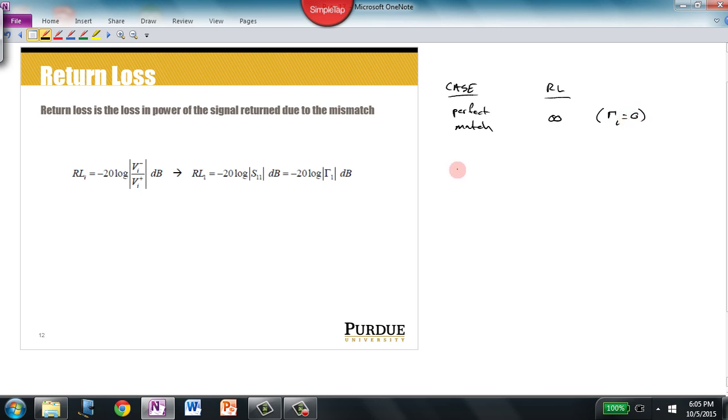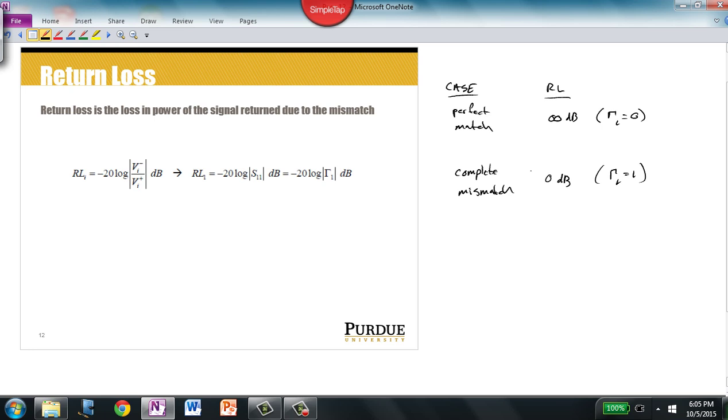And in the case of a complete mismatch, the return loss is 0, and these are in dB. That's for the case that the reflection coefficient is equal to 1, which is a complete mismatch.